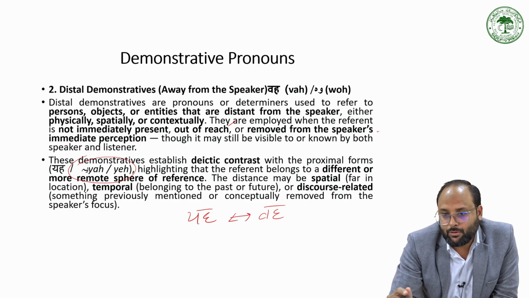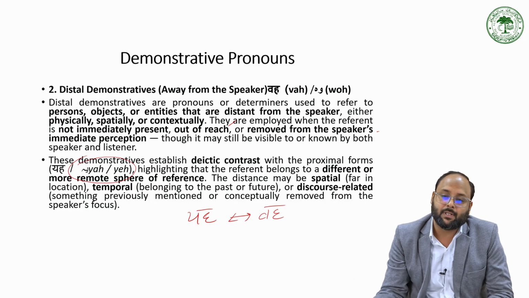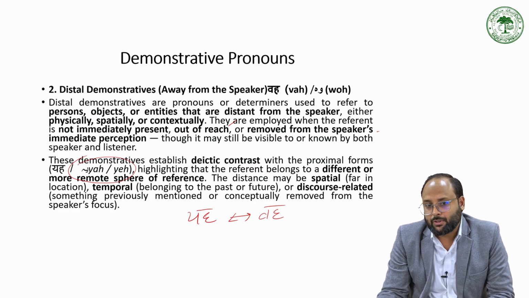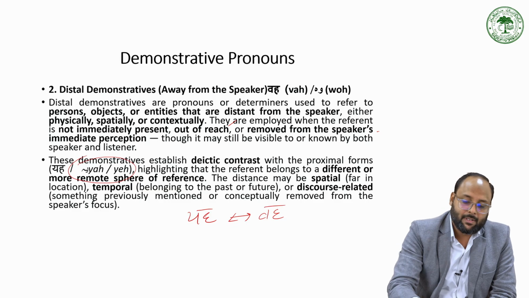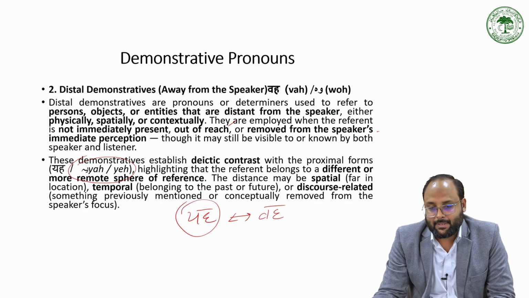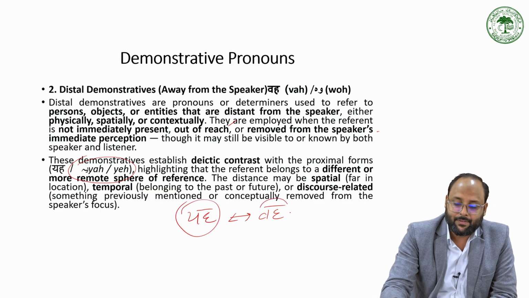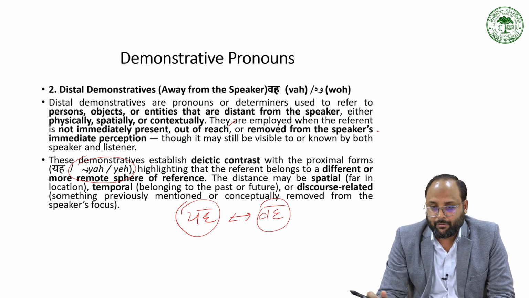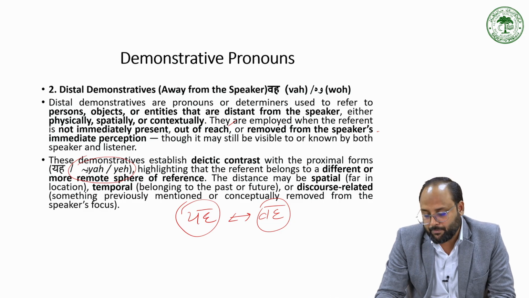So that is also a contrastive distribution with the proximal forms. It highlights the difference between nearer and more remote spheres of reference: in one the distance is near, in the other the distance is far. We can also have this distinction according to the discourse, meaning something previously mentioned or conceptually removed from the speaker's focus.